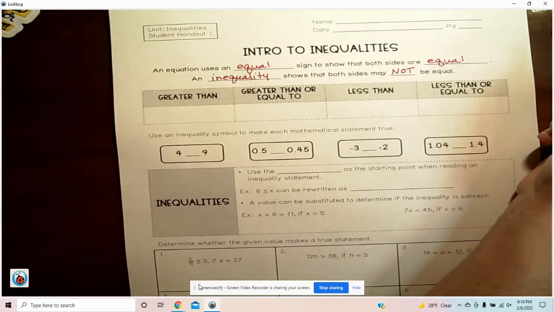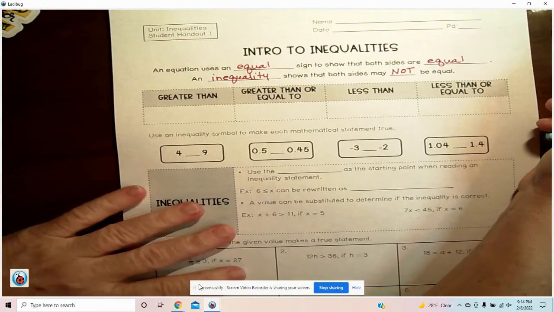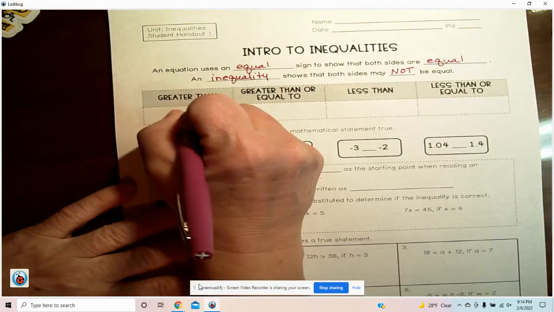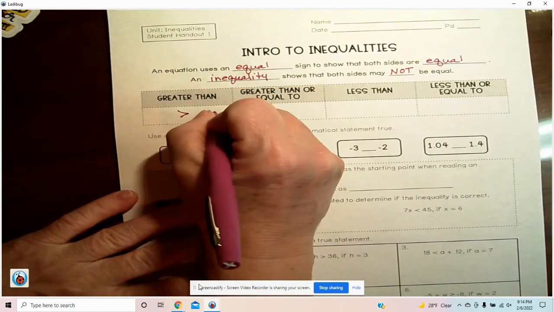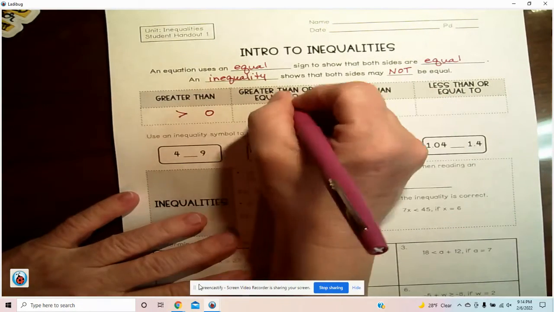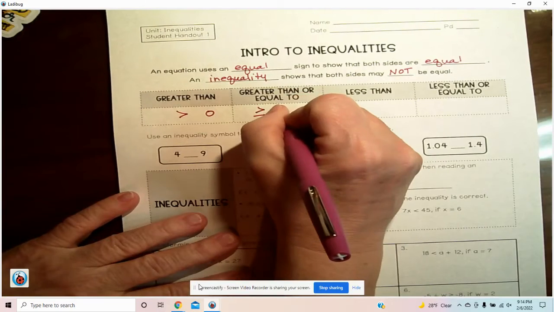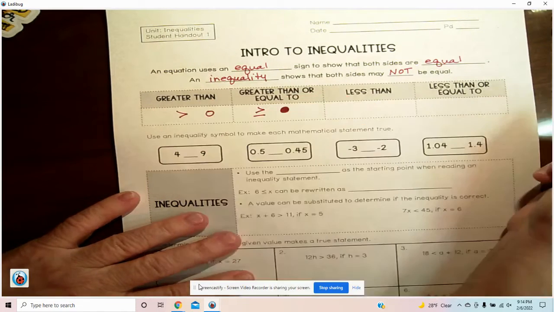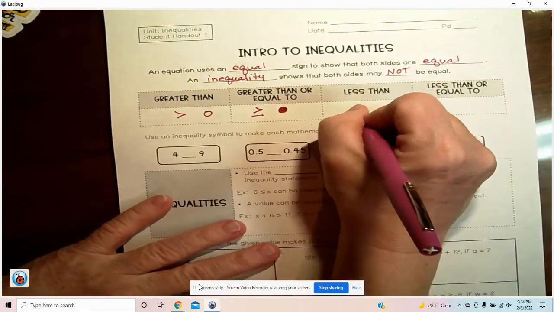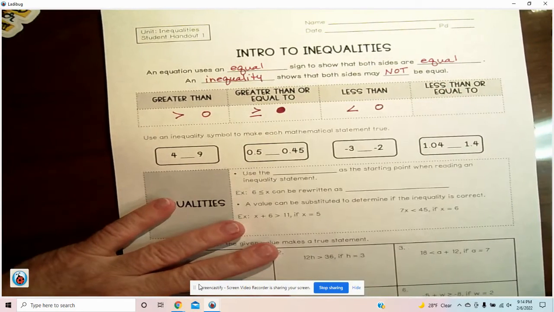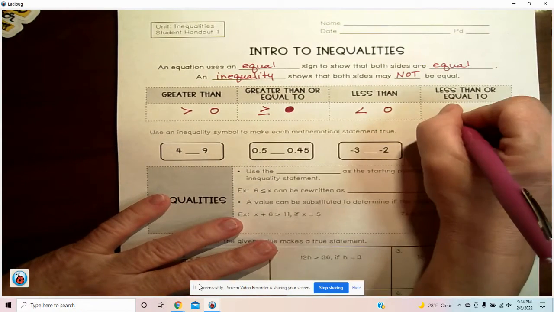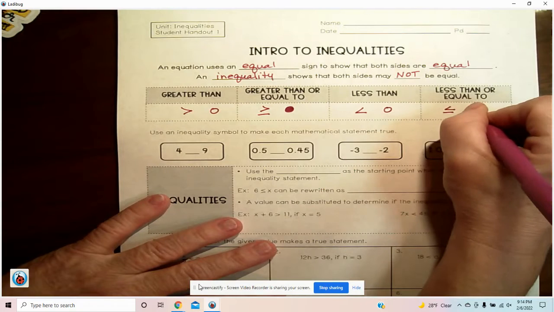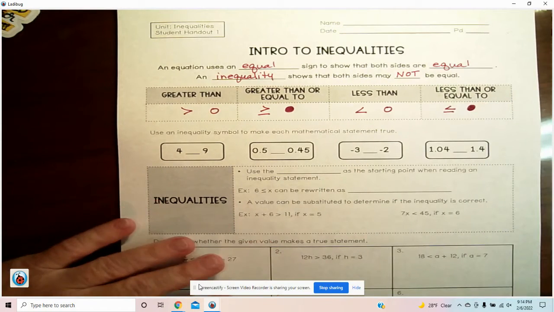Where equations have equal signs, inequalities have greater than, which is an open circle when you graph, greater than or equal to, which is a closed circle when you graph, less than has an open circle, and less than or equal to has a closed circle.